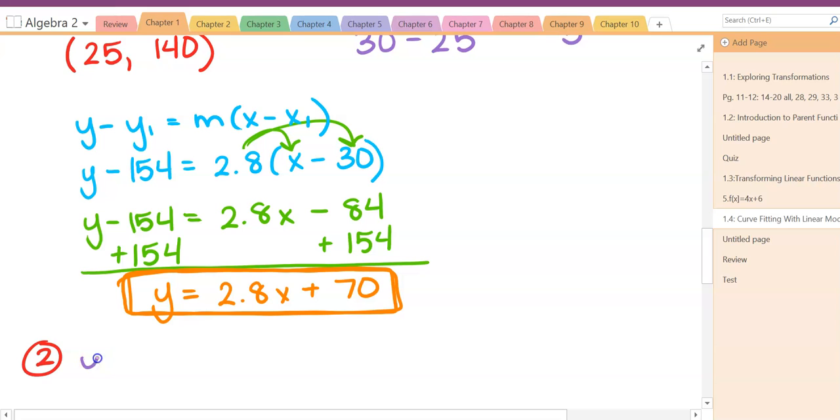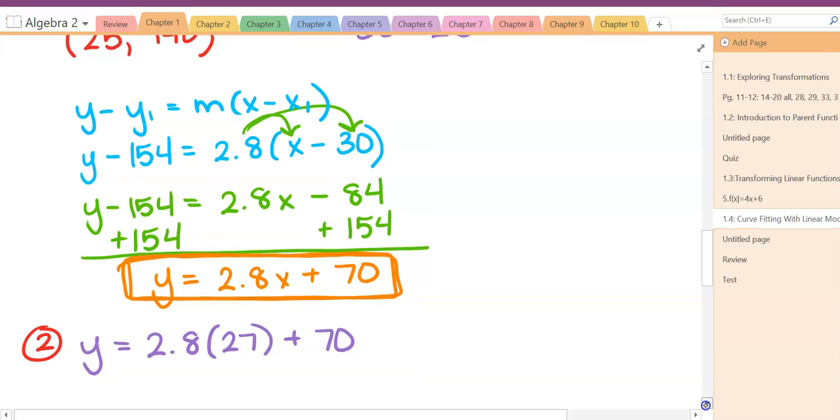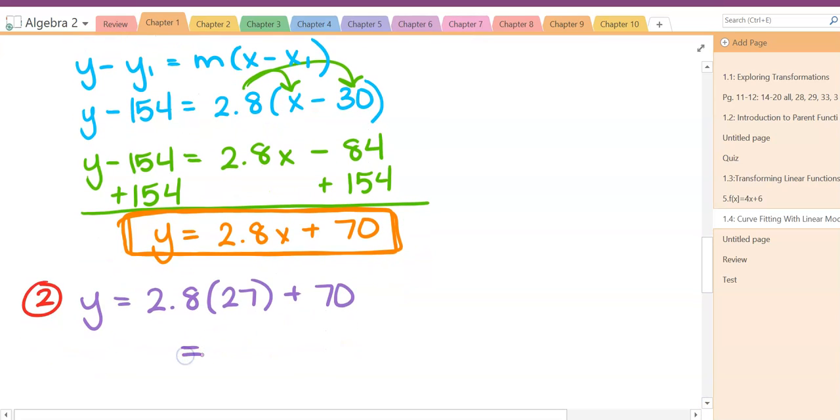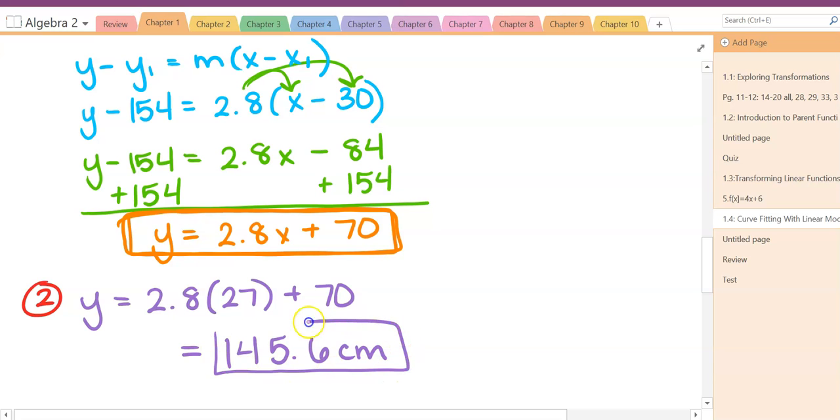We're going to take 2.8 times 27 and then add 70. If you type that in your calculator, tell me what you get for this person's height. Good. And that would be in centimeters, since they're talking about height in centimeters in the problem.